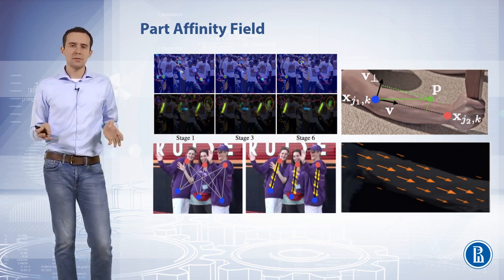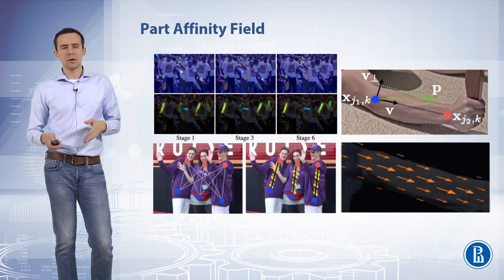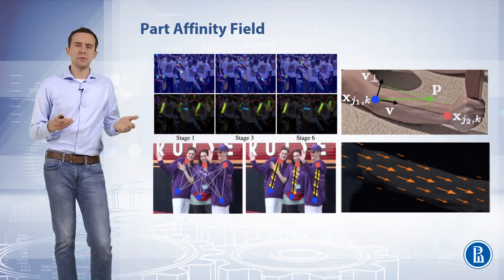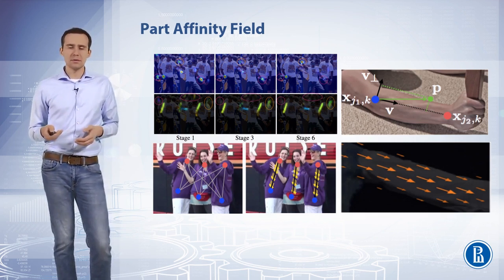For instance, in the right picture, in the ground truth feature map, or part affinity field corresponding to the forearm, the value at the point P is the unit vector from J1 to J2, and K is the person ID in the image.